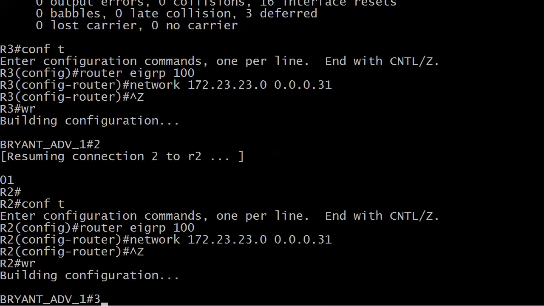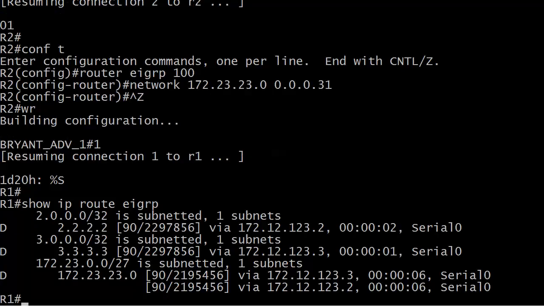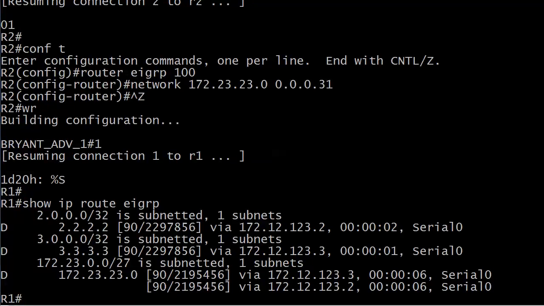That's it. So let's head up to router 1. First, we'll take a look at the EIGRP route table. At this point, you can see there's that letter D, and we know what that's all about now. And we've got 1 entry for router 2's loopback, and you can see the next hop is .2, which makes sense.